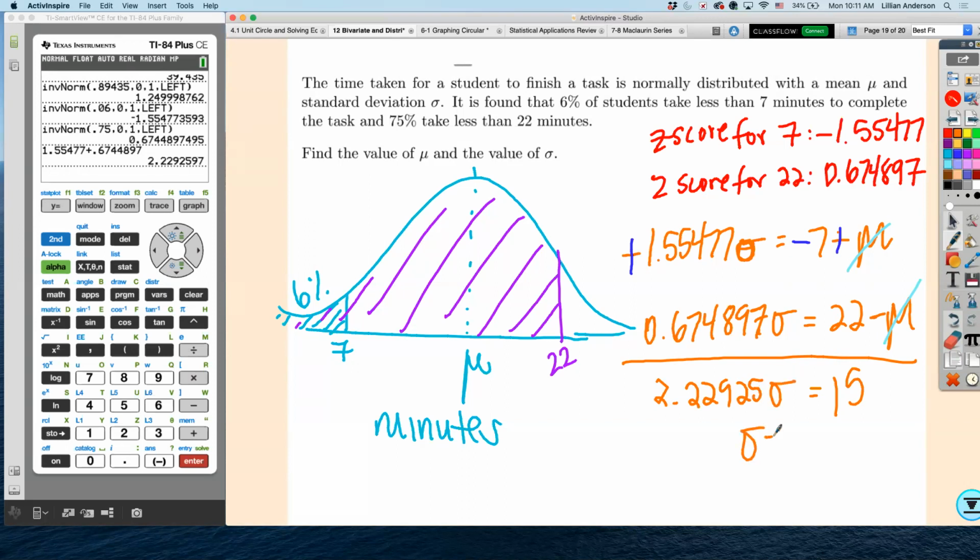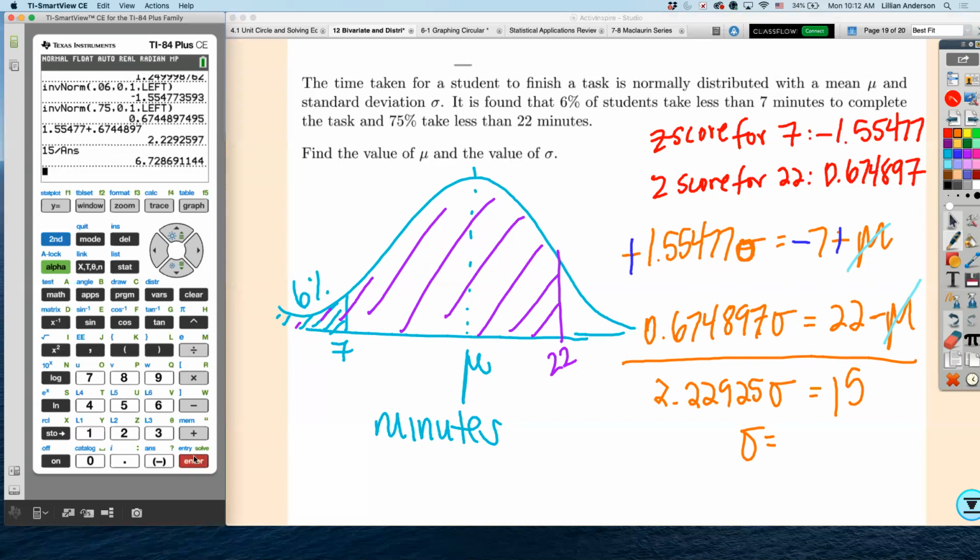Divide both sides, and my sigma is equal to 6.73. Now, even though I didn't use the full exact values for my z-scores, I had enough decimal places that it's not going to affect that third significant figure when I actually calculate it. So my sigma is 6.73.